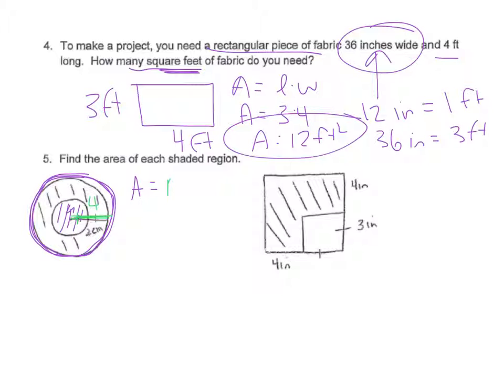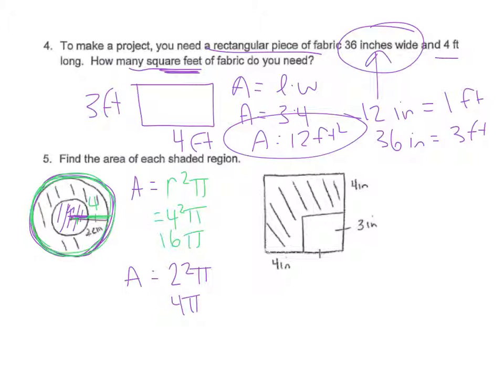So it's r squared pi, so the area is 4 squared pi, so it's 16 pi. That's the outside circle. The inside circle has a radius of 2. So the area is 2 squared pi, so it's 4 pi.